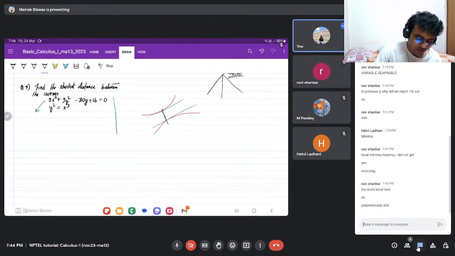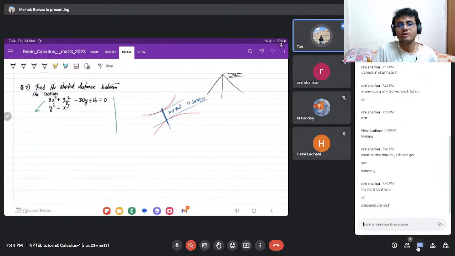Or if they're not cutting one another, the perpendicular distance, or your normal distance is perpendicular, right? Normal is common. So if you have a common normal, you would have the minimum distance. Agreed?